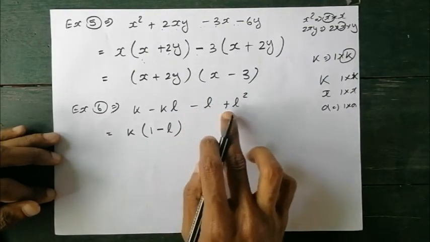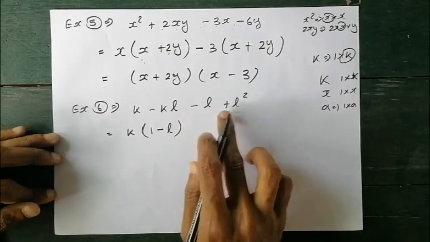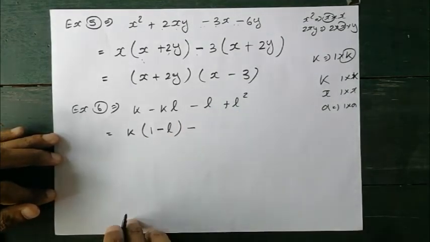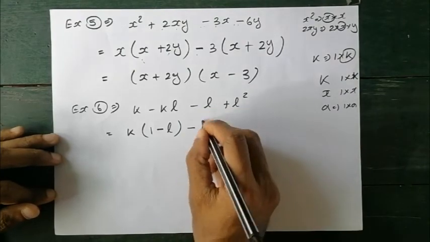Next, we have minus as a common term, so we take out minus. In l squared, l is the common term.